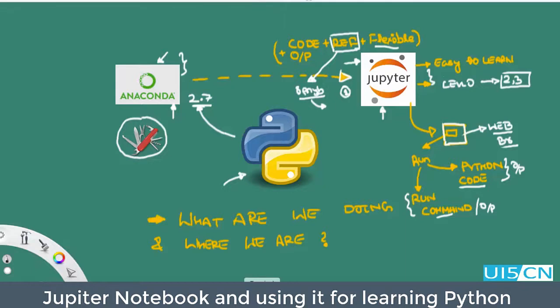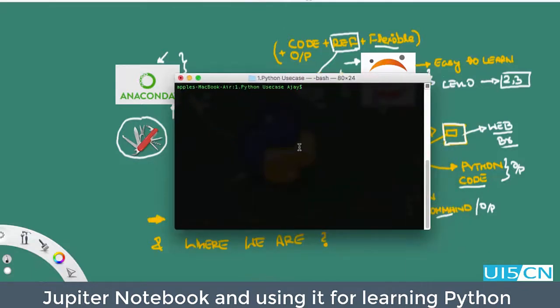Before going ahead, I would like to show you that after we install Anaconda, we have also installed Python, and what version it is. You can go into your bash, which is basically the terminal, and I will write the command python --version. This will tell me the version of Python which the Anaconda installation installed on my machine.